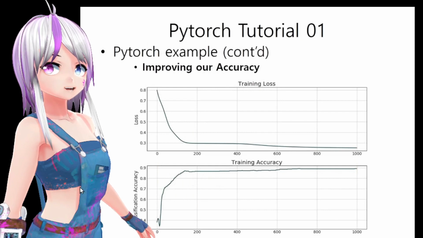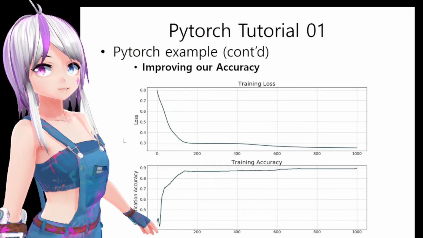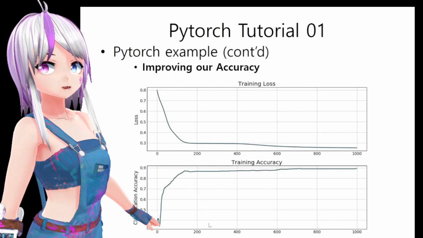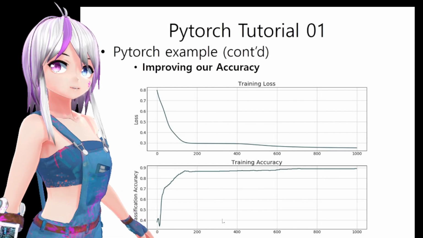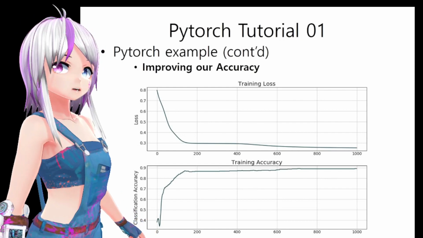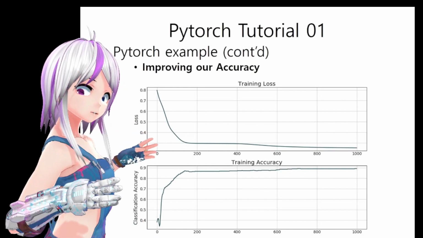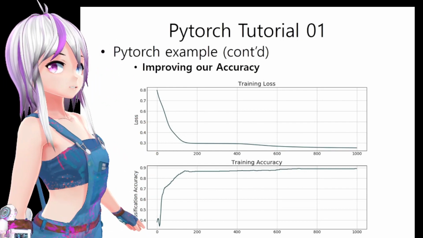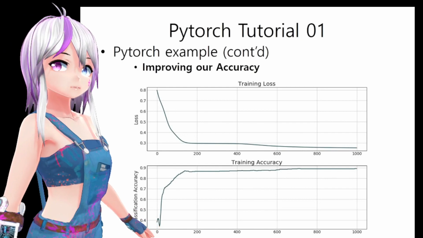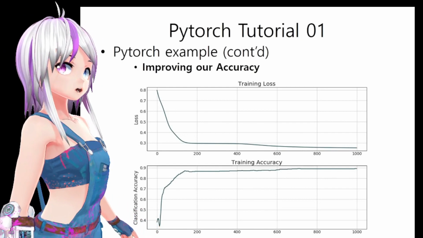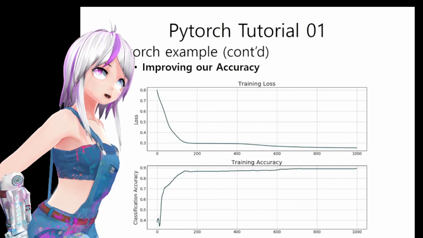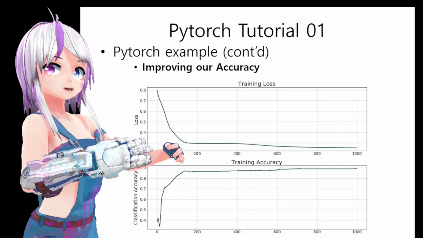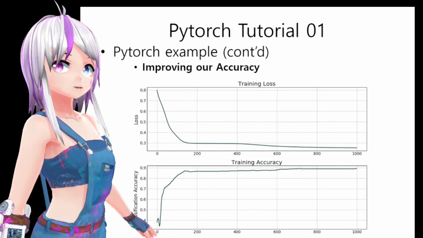Before I show you the code itself for improving our accuracy, I'm going to show you the training loss function and training accuracy together. In this case, we have a similar response as before, but we have different graphs.